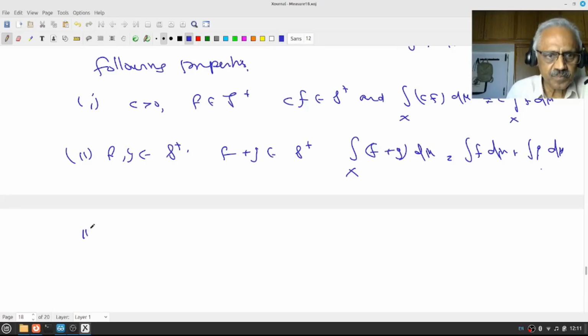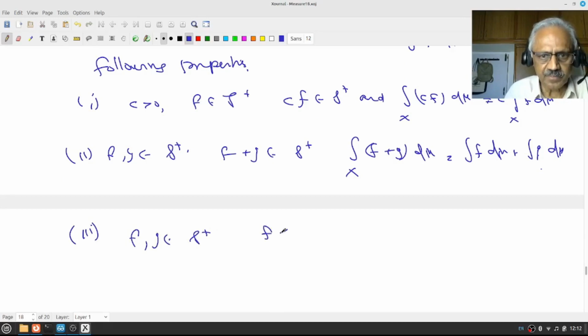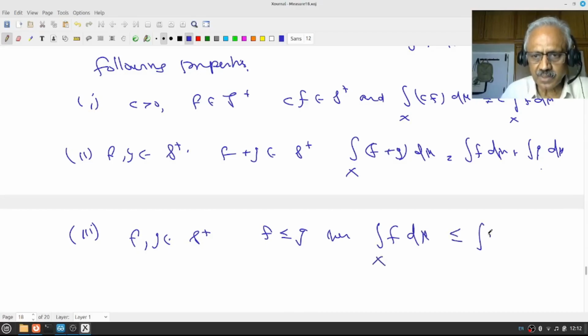And third, if F and G are in S plus and F is less than or equal to G, then by monotonicity the integral of F d mu is less than or equal to the integral of G d mu.